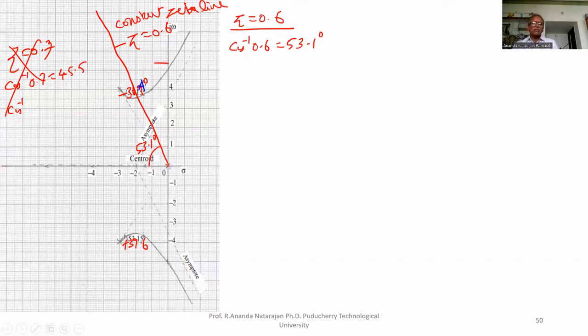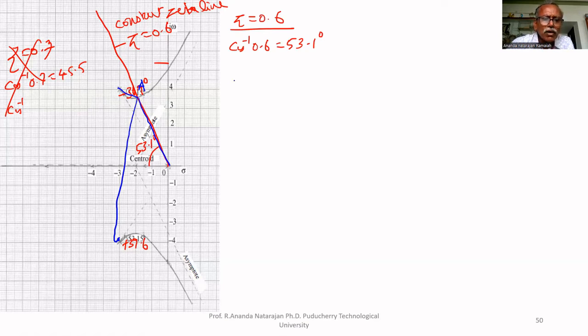So we have to find the value of K at A. For that, we have to join all poles to that A. So we have to join like this. Here also you have to join, and here also you have to join with these poles. Now let us see what that point is.